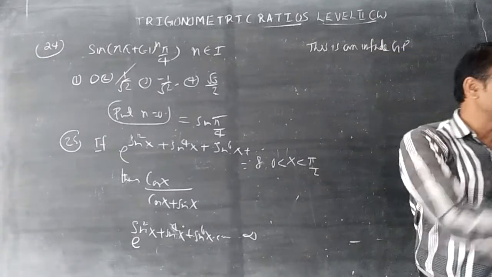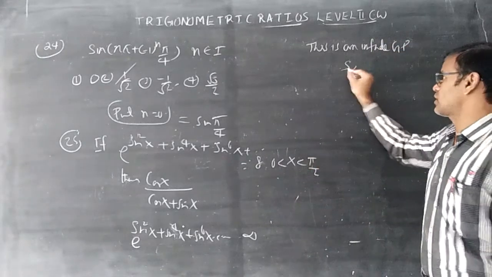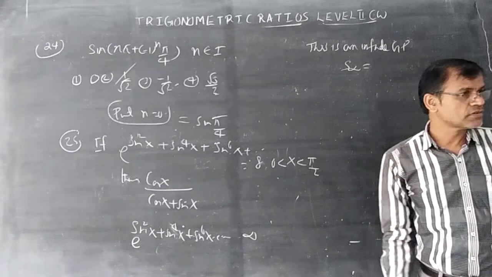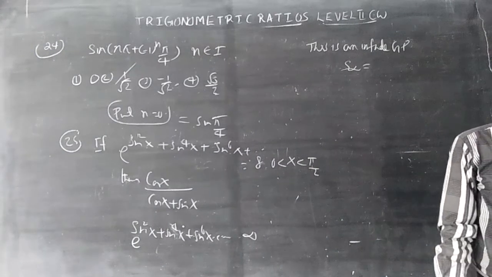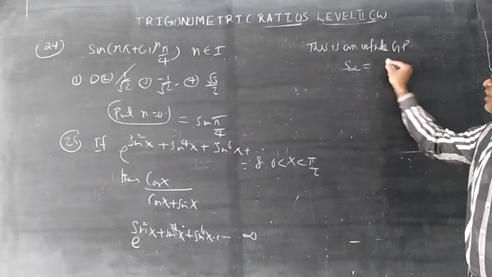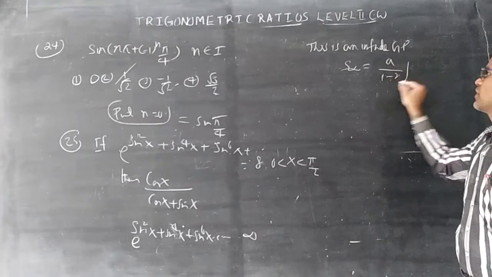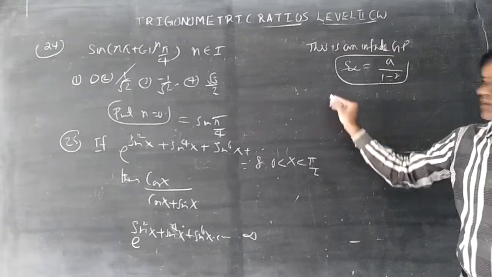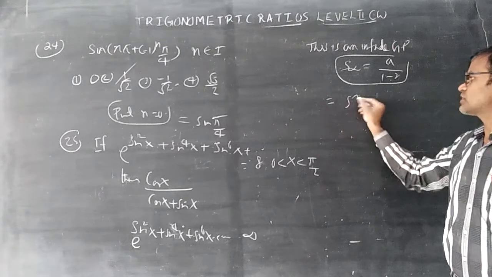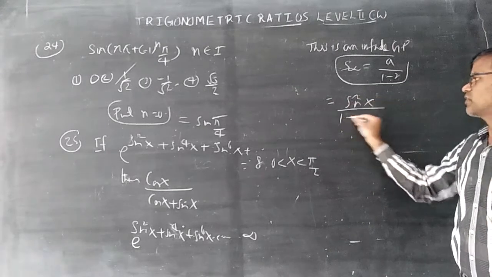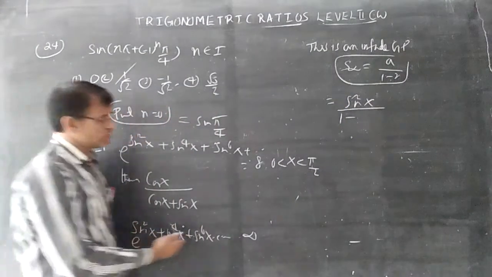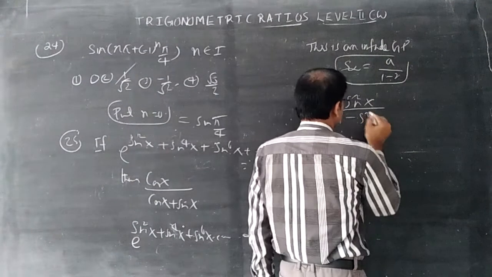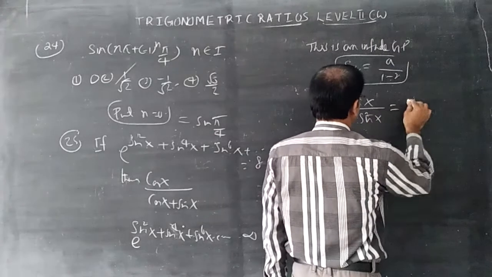For an infinite GP, yesterday I said the formula. Did you remember? S infinity equal to a by 1 minus r. A meaning here the first term, sin square x, and r meaning the multiplying number, which is also sin square x. You write here sin square x by 1 minus sin square x.